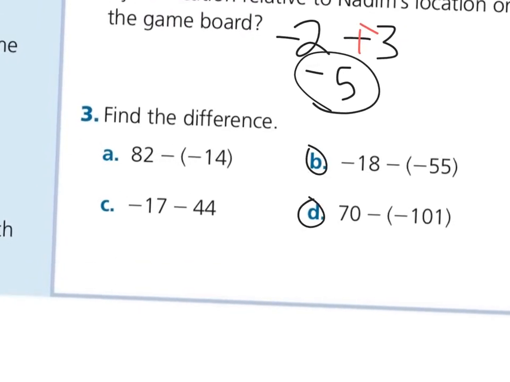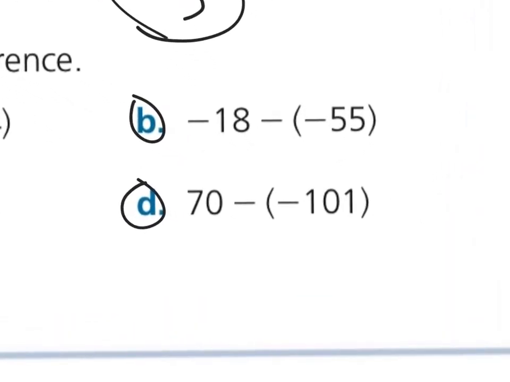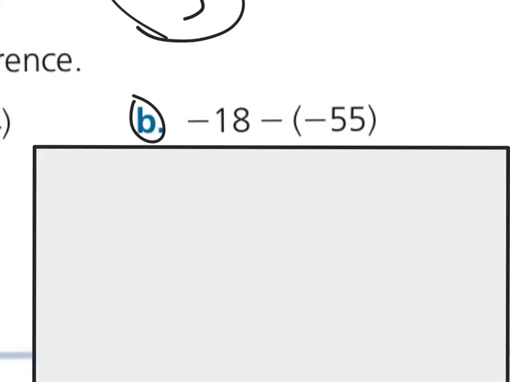Let's look at B and D. So part B, negative 18 minus negative 55. So first thing on this problem, it's a subtraction problem, so we can add the opposite. Change subtraction to addition.